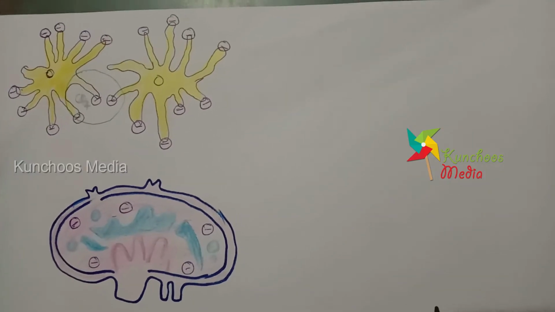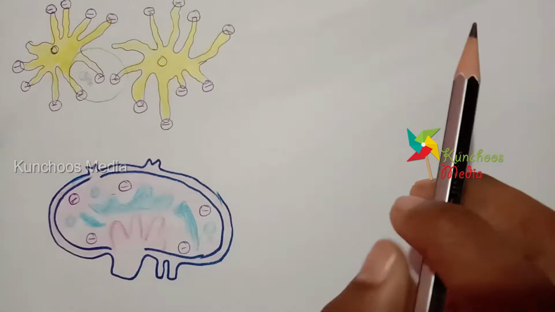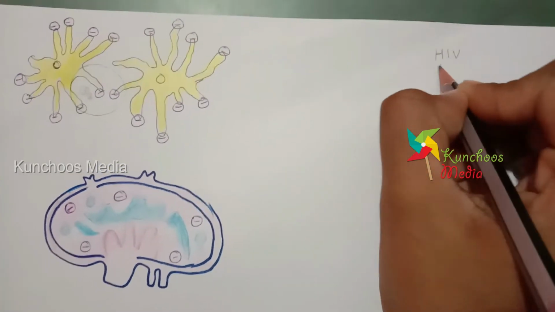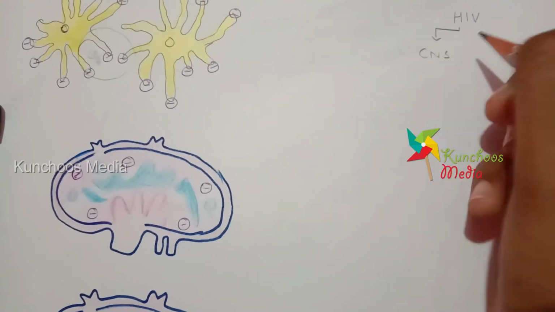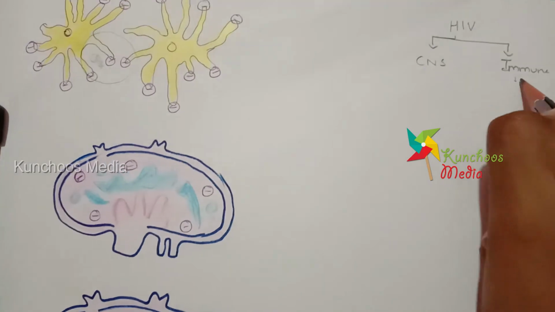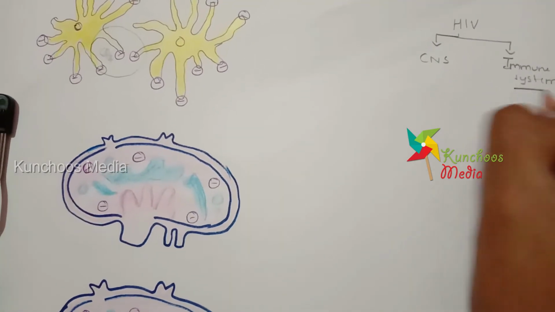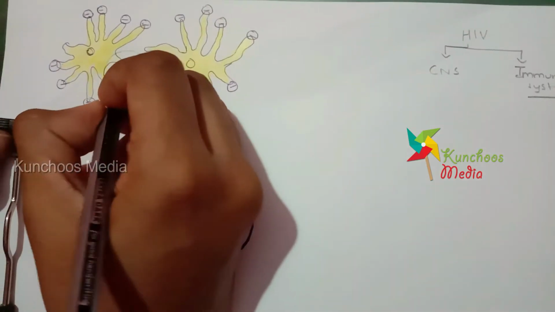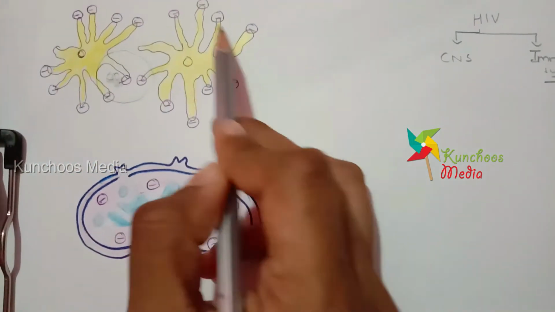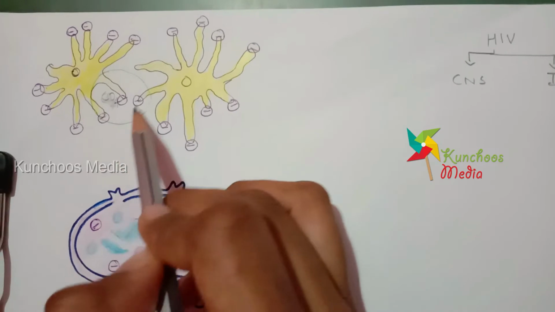Now, as I said, the HIV virus can affect almost all the tissues, but its main targets are our central nervous system and our immune system. Primarily it affects our cell-mediated immunity. These are the CD4 cells which are present in our WBCs, and the viruses primarily invade these CD4 cells.